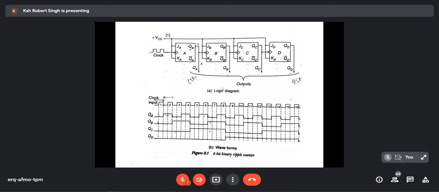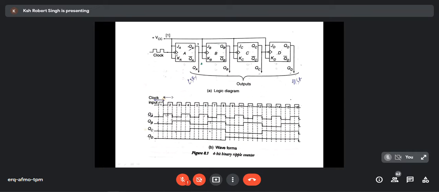If you don't understand, you can ask. This is your 4-bit counter; the name is not given here, so you can write it down. This is an asynchronous counter. This is not a synchronous counter.